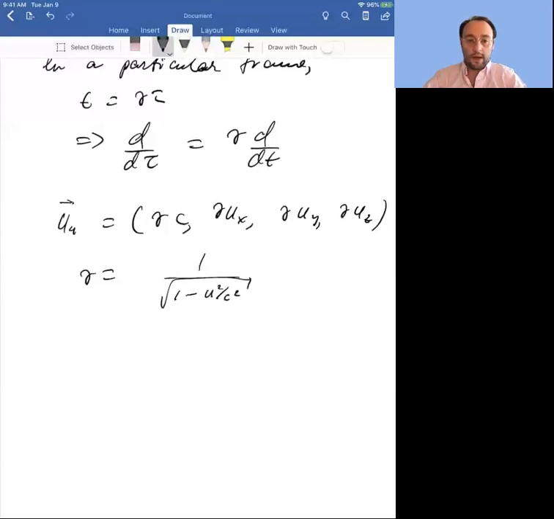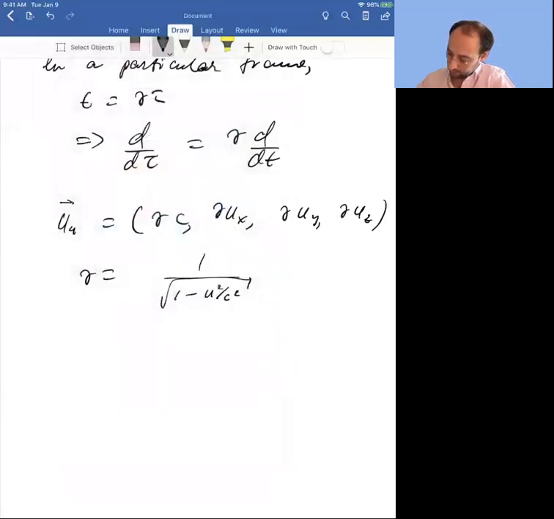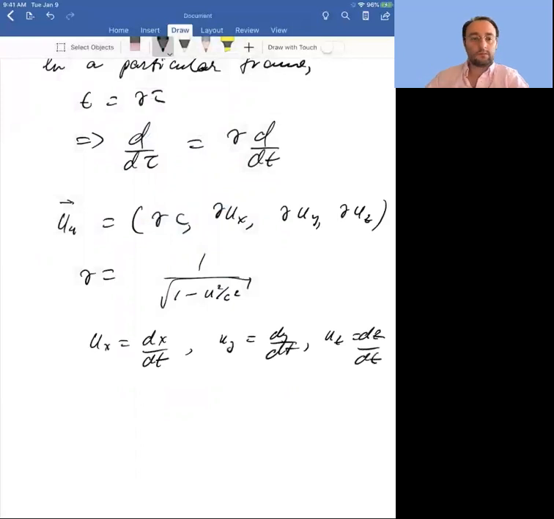So ux, uy, and uz are components of the particle's ordinary velocity in that frame, right? A regular velocity. Okay, so these are kind of definitions.